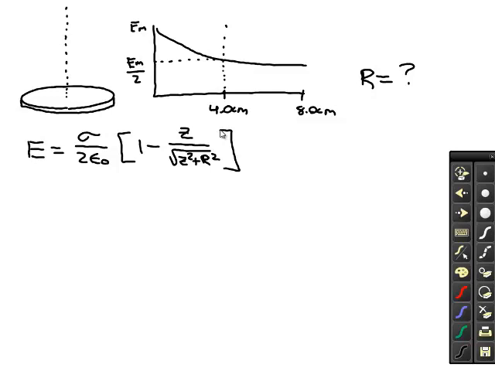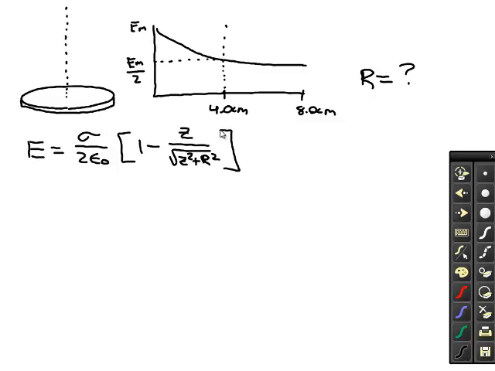Yes. Because on the 1 minus, that can only get smaller when it gets bigger. So as z gets bigger, when we reach the point when this equals 1, then we've reached E max. And what we're going to do is stick 4 centimeters in for z, and find out what value r is.